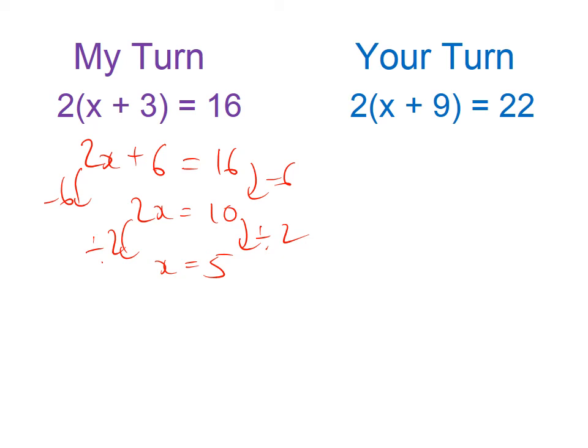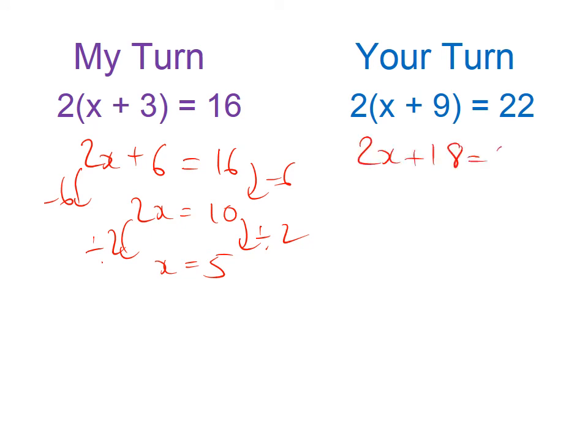Your turn, please. 2 lots of x plus 9 equals 22. Have a go. So the first thing you should have done was expand the bracket.